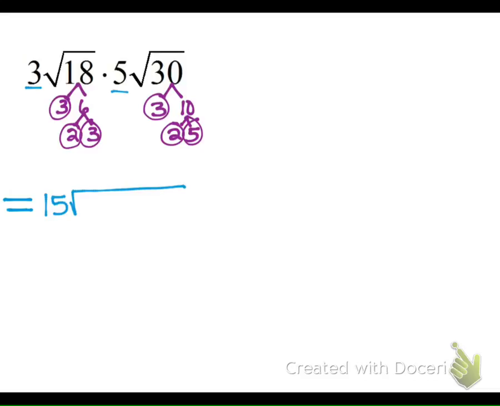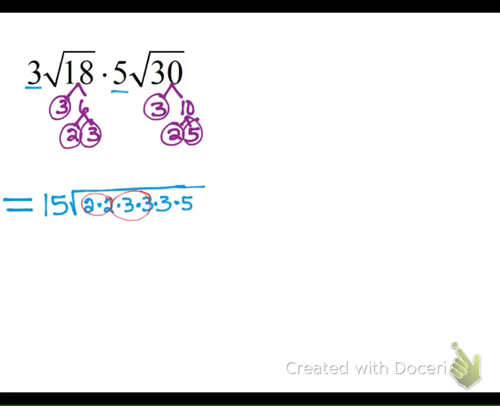So that's going to look like 2 times 2 times 3, I have 3 3s, right? Times what? Do I have them all? Double check me, because I messed up last time. 1, 2, 3, 4. Okay. Then from here, I go ahead and simplify as normal. So I'm going to circle my factor pairs.